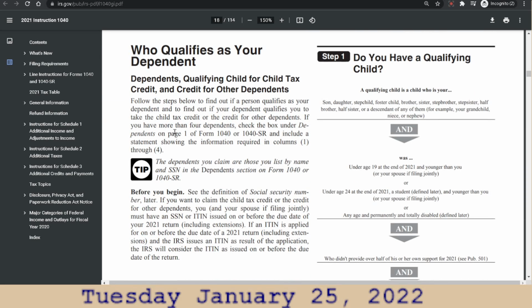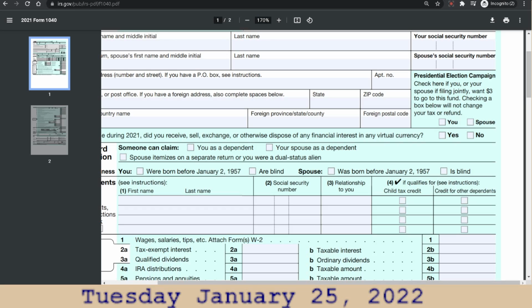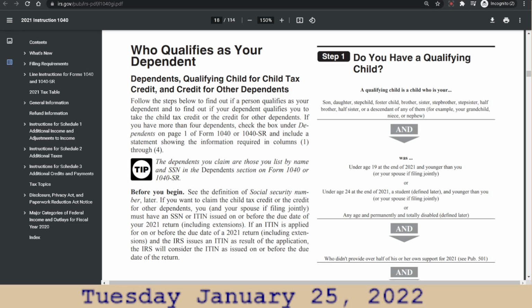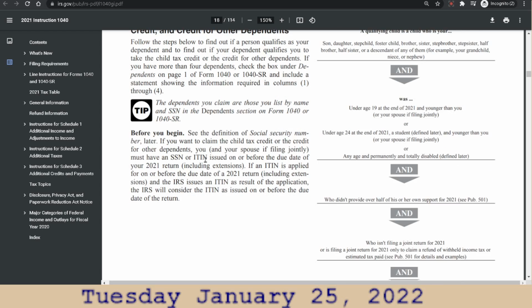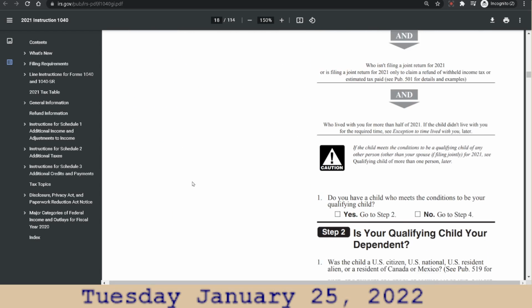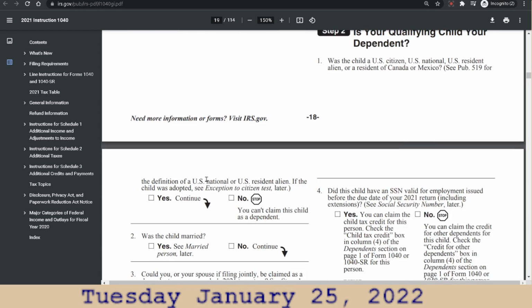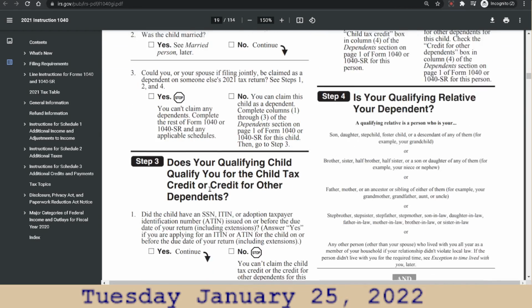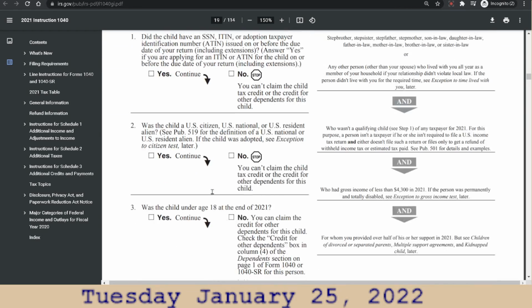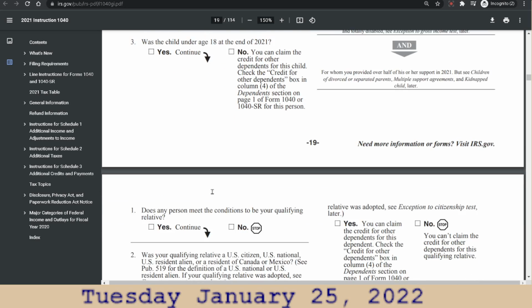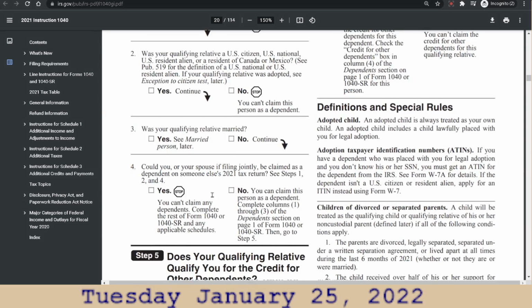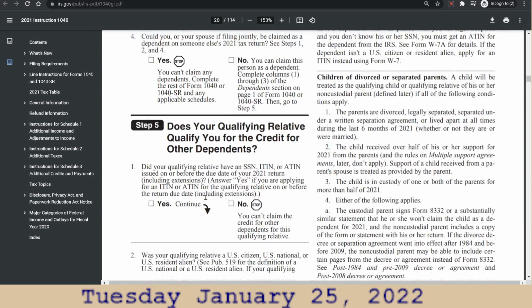Then you have the qualifying as a dependent section, which is going to be next. All of this right here. Okay. Now I have a different video on that. I'm going to go right past that, and I'm going to scroll down. I know you might pause and read if you like, or look at my other video.